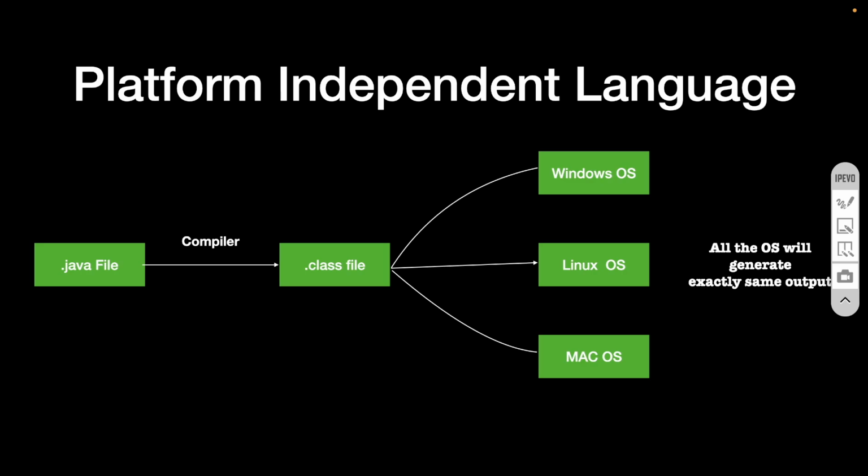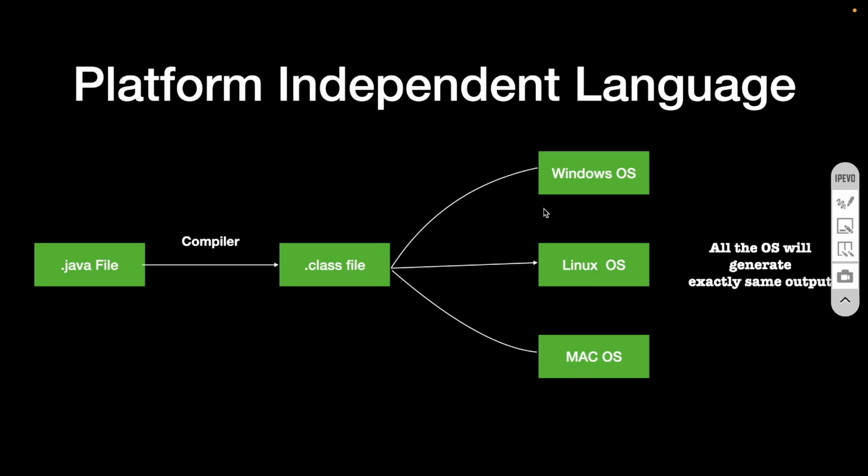Okay, now what is the meaning of platform independent language, right? This is very important interview question also. Like most of the time interviewer asks like what is platform independent feature in the Java, or why we call the Java as a platform independent. Okay, so meaning of the platform independent is you can write your Java file once and then you can run it anywhere. Meaning is that, see here, we have written our .java file. Okay, then we compiled it and generated the .class file, and then this .class file you can share with anyone.